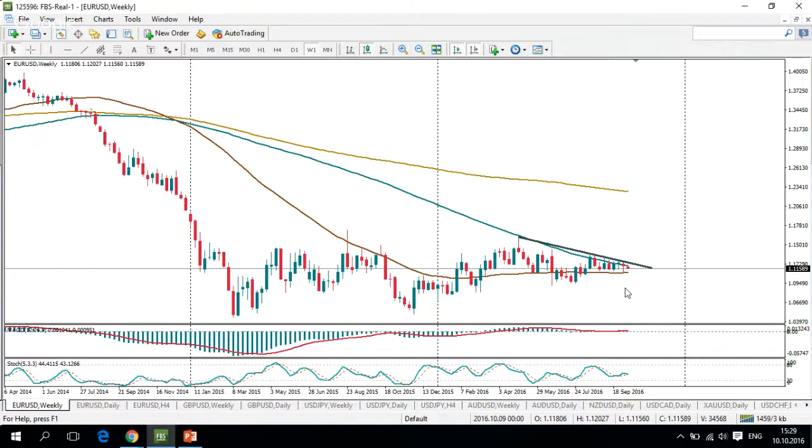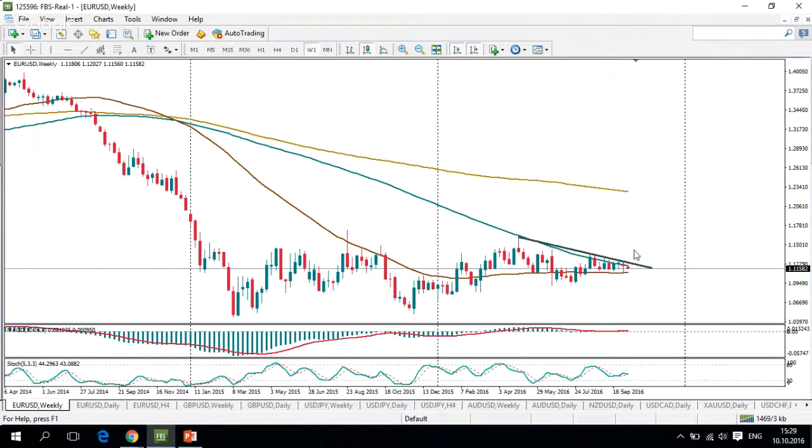In my opinion, what we will have this week is yet another week of these small ranges and of trading between these two lines. I simply don't see any momentum here on the weekly chart, and still the pair has scope to stay in this range for the time being.